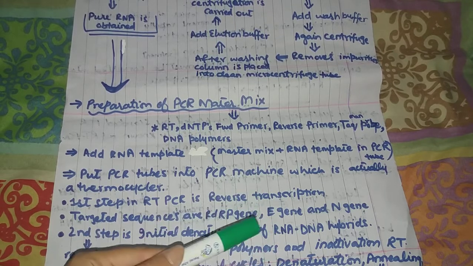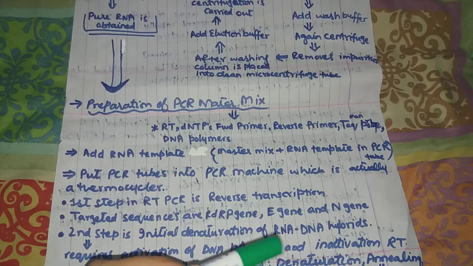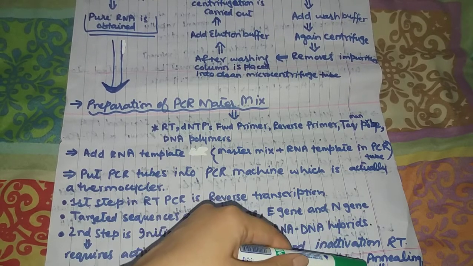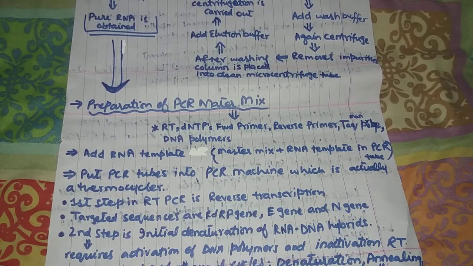Denaturation is carried out at 95 degrees, while annealing is carried out at a lower temperature, that is 58, compared to denaturation. And the extension temperature depends upon which type of DNA polymerase you are using.